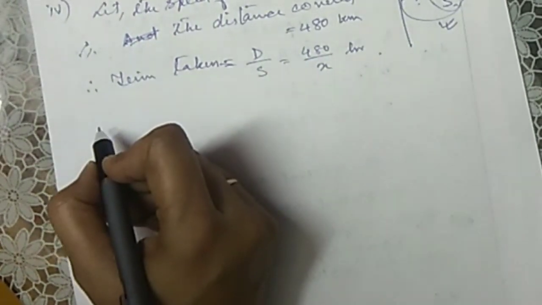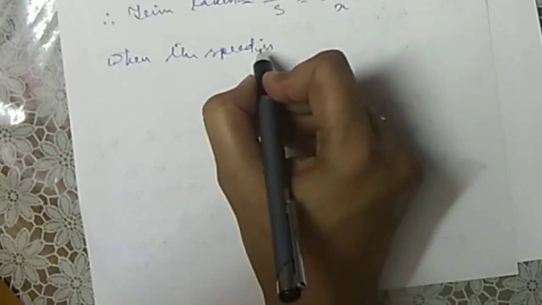Second condition, when the speed has been 8 km per hour less, the time taken, again by the same formula, distance by time taken.